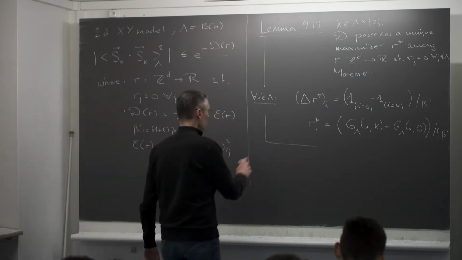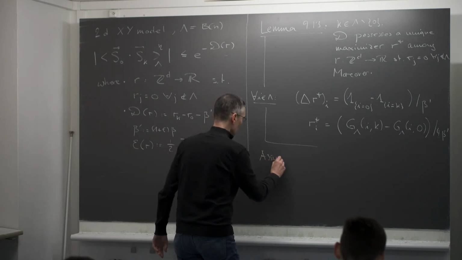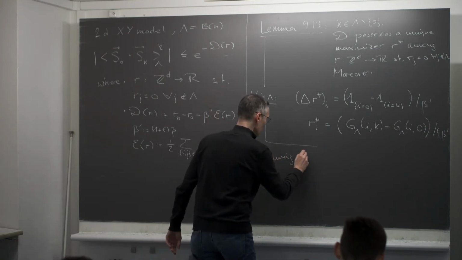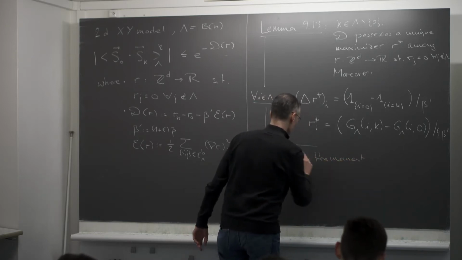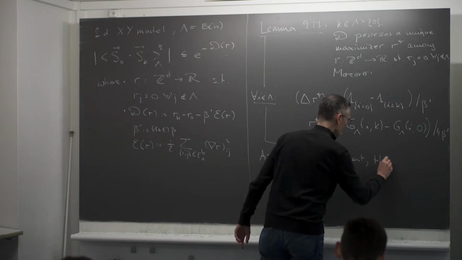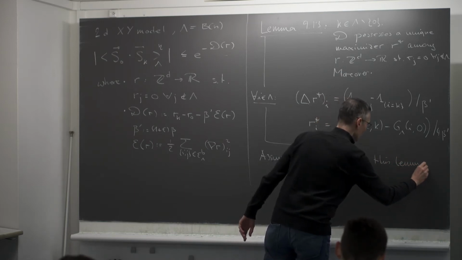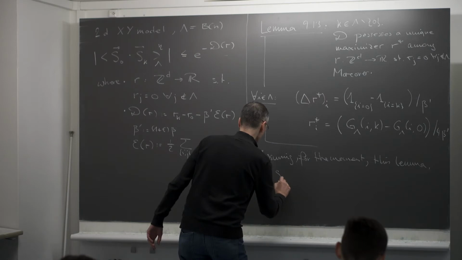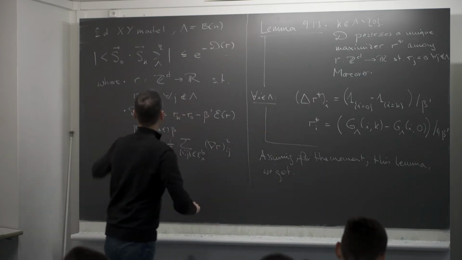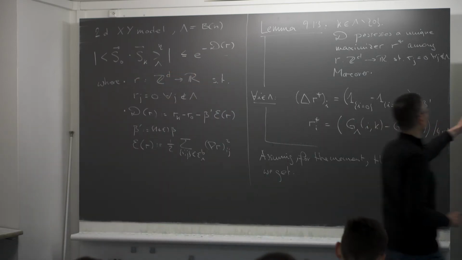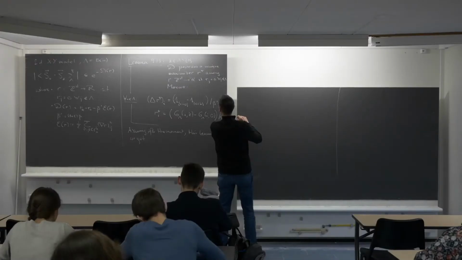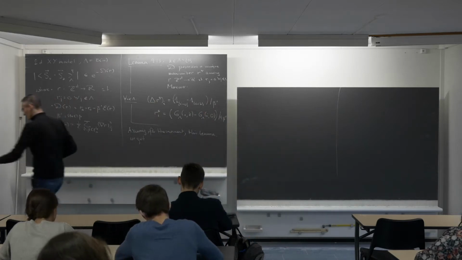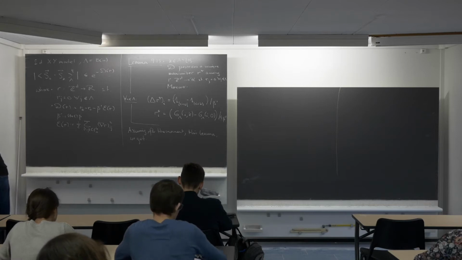So assuming for the moment this lemma, we get, so I start from here, so let me compute this d of r. I want to do it in a proper way.